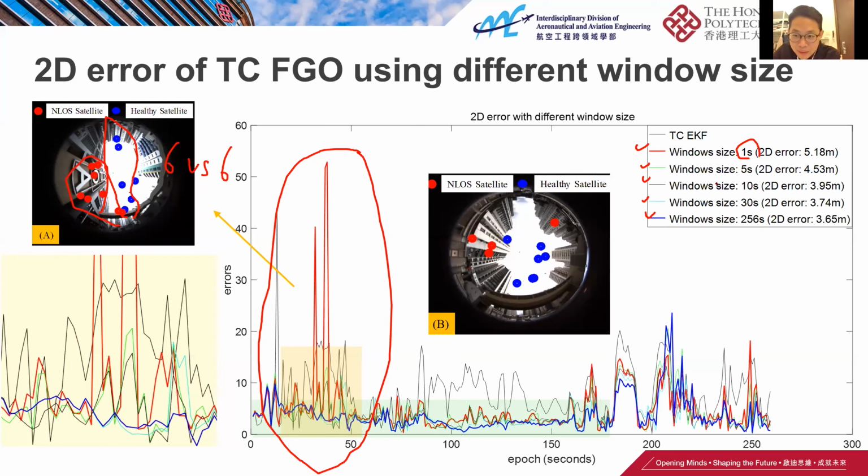But if you use a window size of 5, you can see the error reduce dramatically, because you can use the other data to leverage the constraint here, and average out the error occurred in this particular epoch. Looking at the epochs from 50 to 150, in most cases the satellite distribution looks like this.